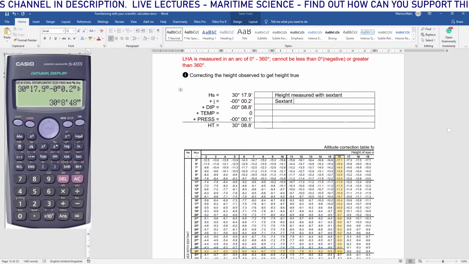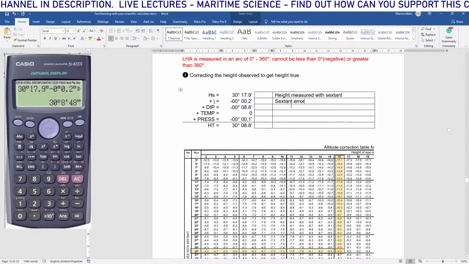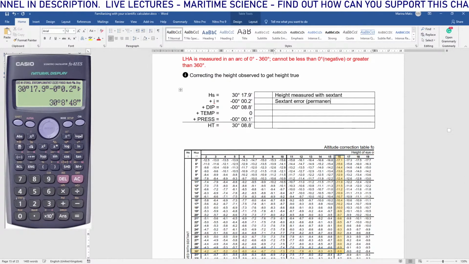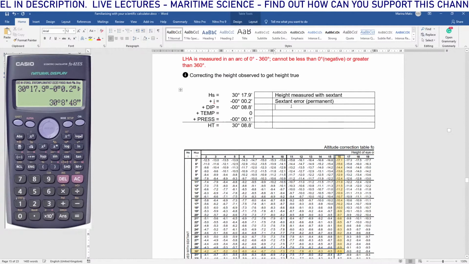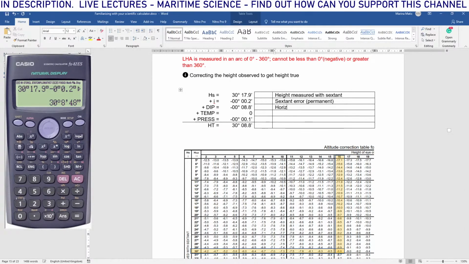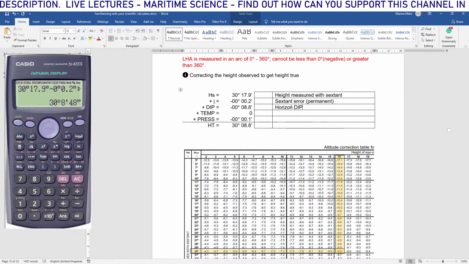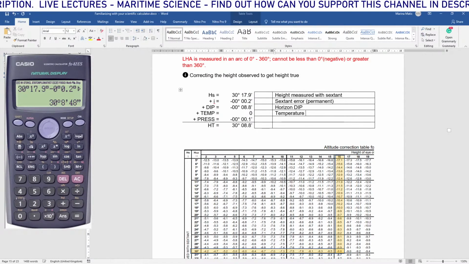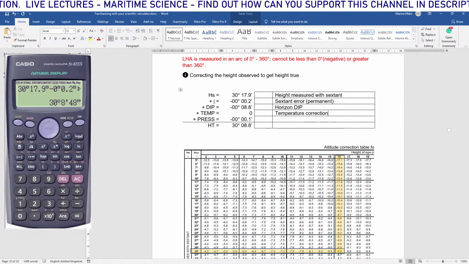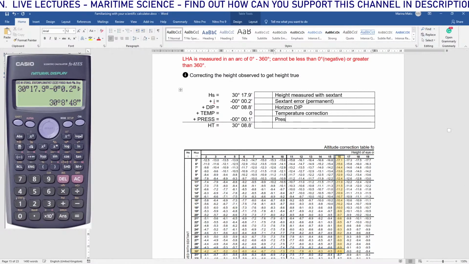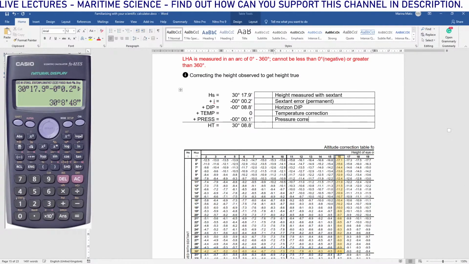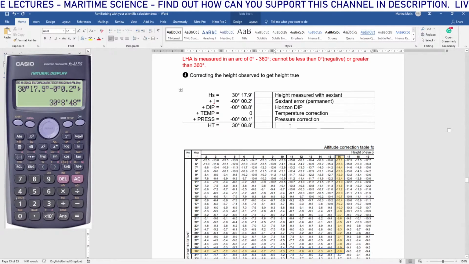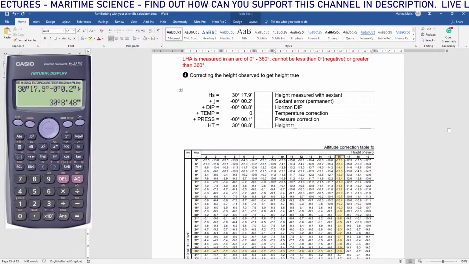Sextant error. Permanent error. Dip, horizon dip, and temperature correction and pressure correction. And this is height true.